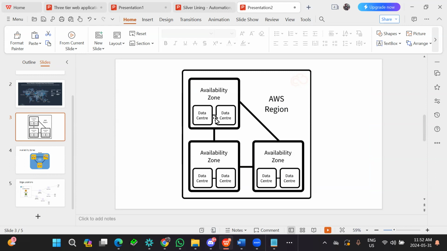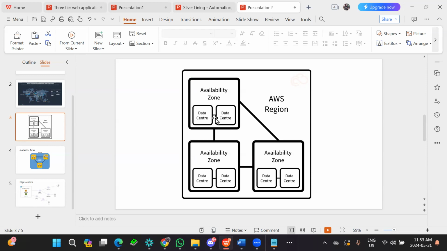Also, since AZs are physically separated by significant distances, it ensures that even severe localized issues like natural disasters do not affect all the availability zones within that region simultaneously.